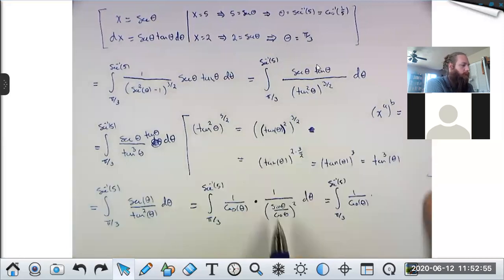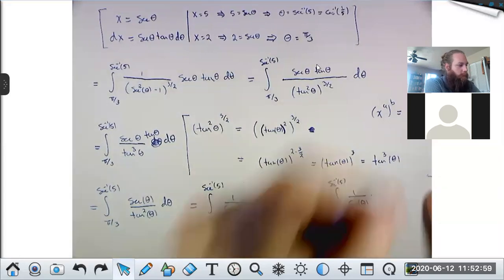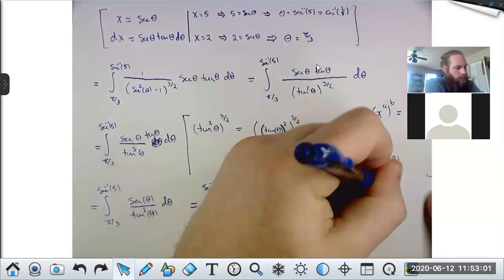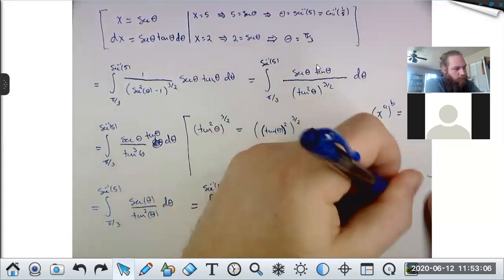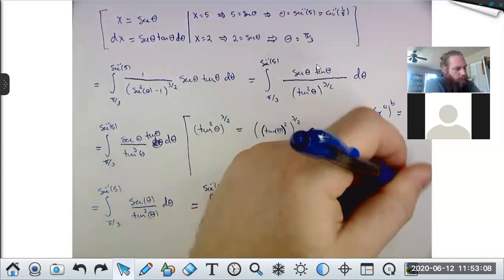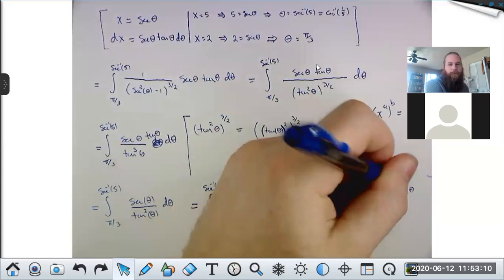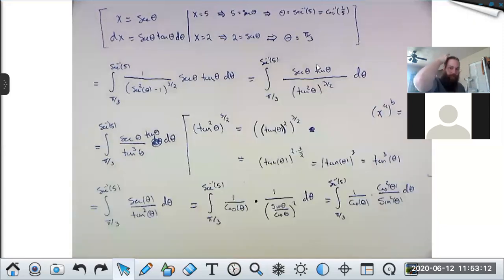And then sine theta over cos theta squared downstairs is the same as cos squared theta over sine squared theta, like this. So I can cancel one of the cosines.